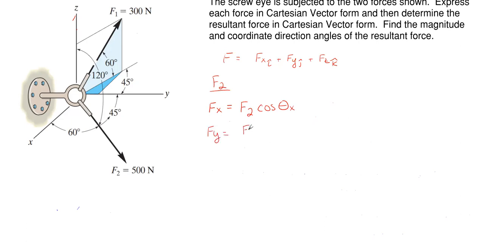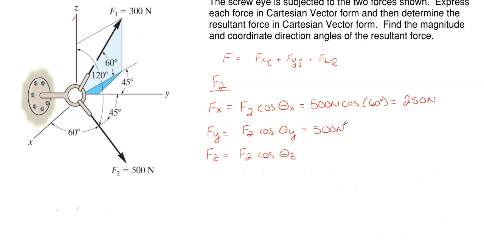Fy will be equal to basically the same equation, F2 cosine of the angle off of the y, and then Fz will be equal to F2 cosine theta z, which is the angle off the z. And these are all going to be the angles off the positive coordinate axis directions. So plugging in here, we have F2, which is 500 newtons, cosine of theta x, which is 60 degrees, and this gives me exactly 250 newtons in the positive x direction.